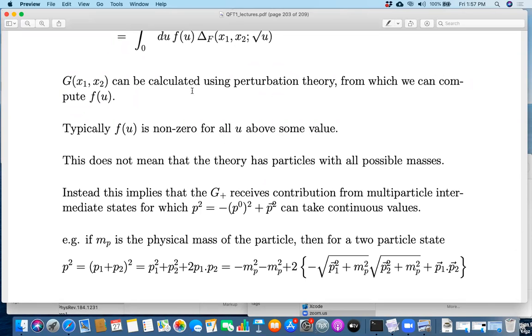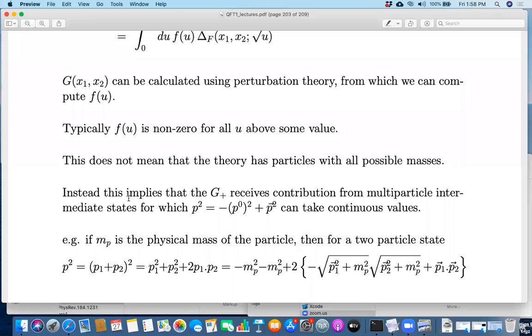So the naive interpretation, which is what I was giving you earlier, is that you have a continuous spectrum, not single particles with a definite mass, but a continuous mass spectrum of all masses with weight factor given by f of u. But this is not the correct interpretation of the theory, and we'll see this in more detail later perhaps.